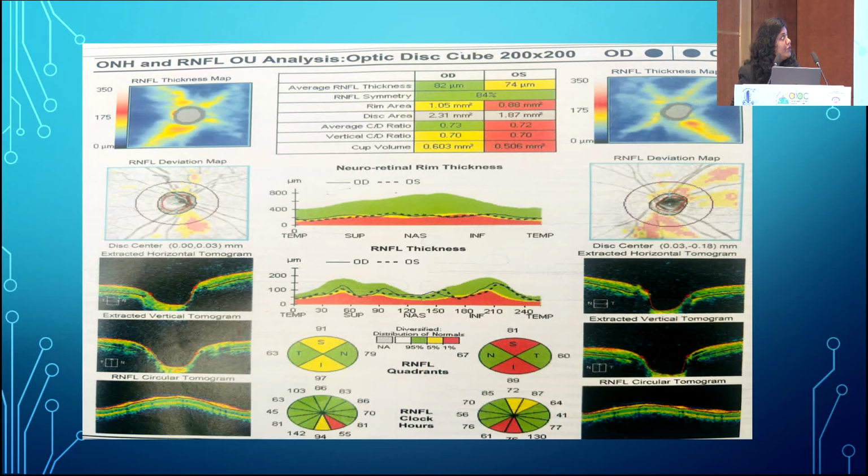And these are the horizontal. The BMO is connected as the margin, and the vertical tomography and circular tomography should all be normal. And then the neuroretinal rim thickness and RNFL thickness, you can see the hump, the RNFL quadrants and the clock hours. And this is the column.